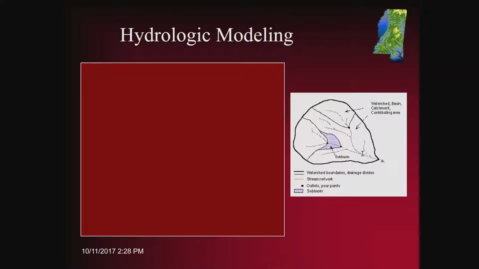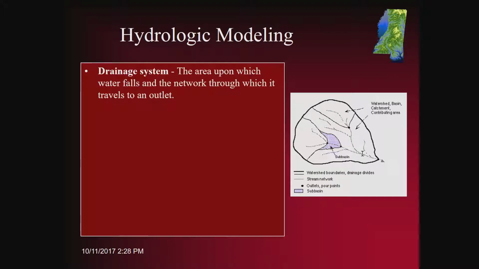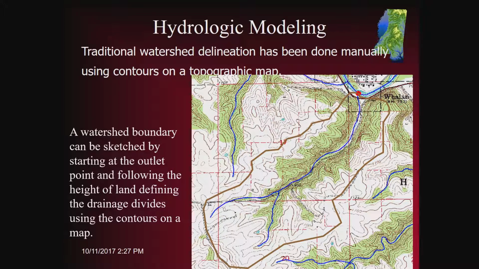All right. The other thing we're trying to do is come up with a drainage system on which the rainfall lands, and not only that, through which it travels to an outlet. If you look at this slide, water flows down here to another stream, at the outlet that we've chosen.